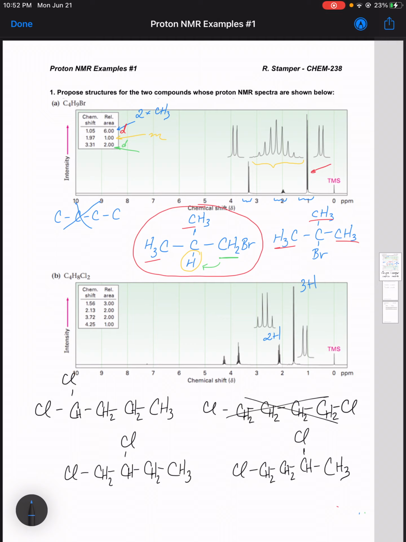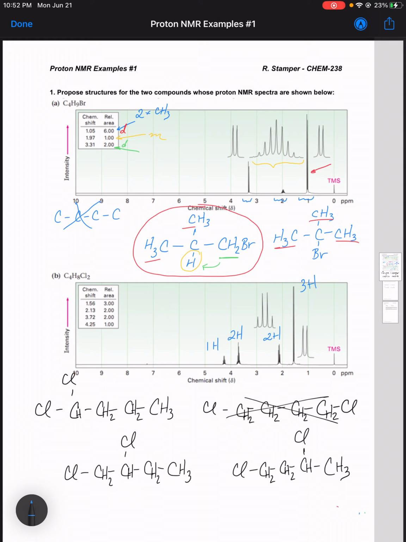My peak at 3.7 is also a 2 hydrogen. And my peak that's most shifted is a 1 hydrogen, based on those integration numbers. And so 3, 2, 2, 1: if I look at all of the drawings I've made here, they all are a 3, 2, 2, 1 setup. So that makes sense. We're in good shape so far.